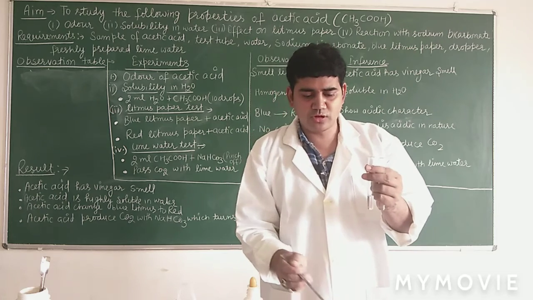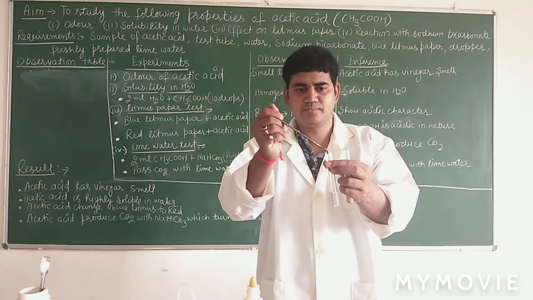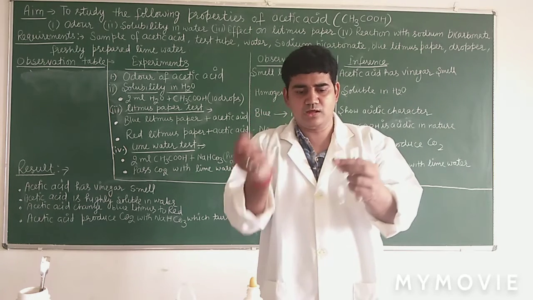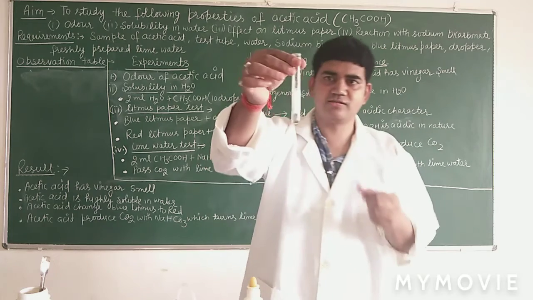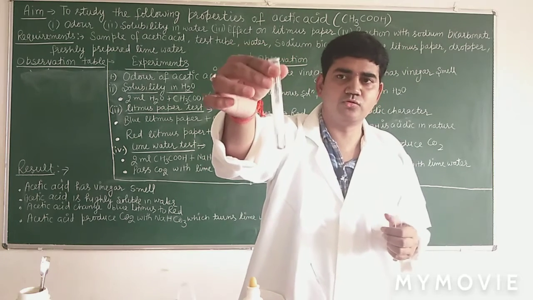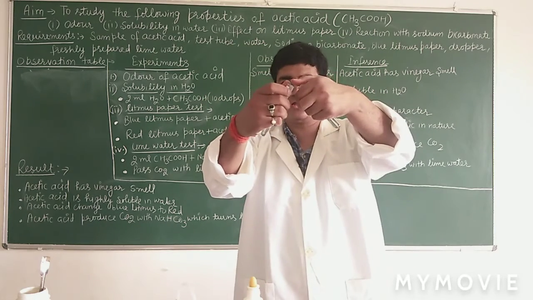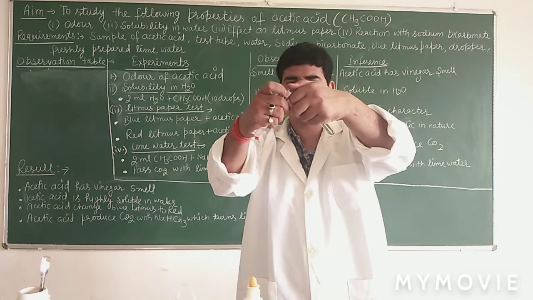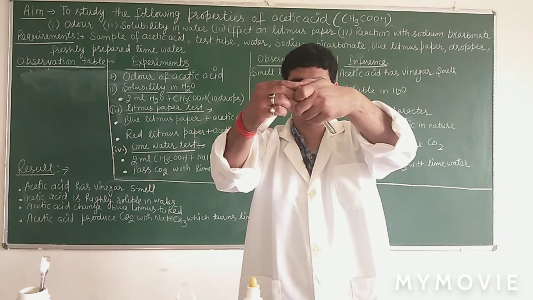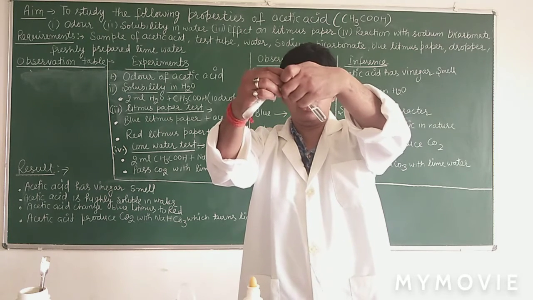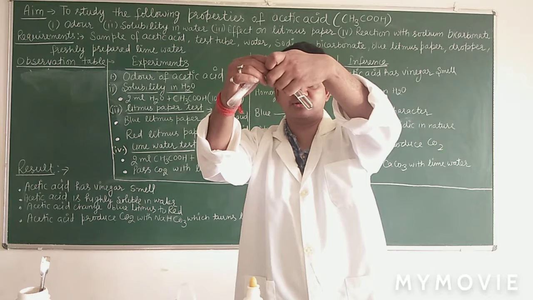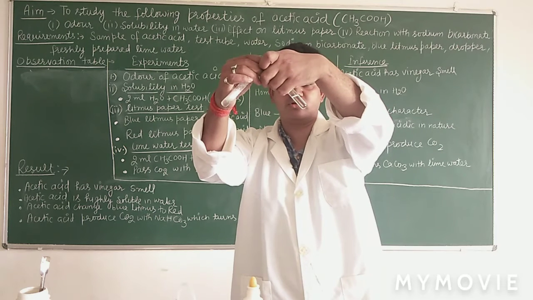We can add sodium bicarbonate in the acetic acid, and you can see the brisk effervescence here. The brisk effervescence is of CO2, right? Put the thumb in this manner so that the CO2 gas passes into this, and observe the changes in the second test tube, on my left hand side.